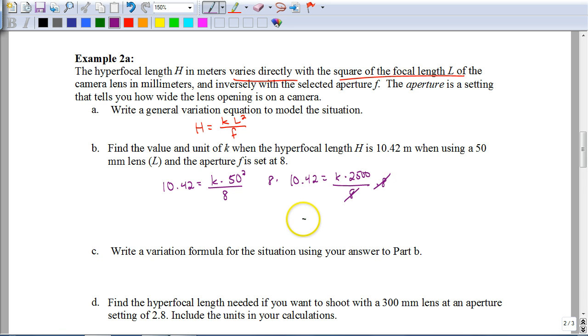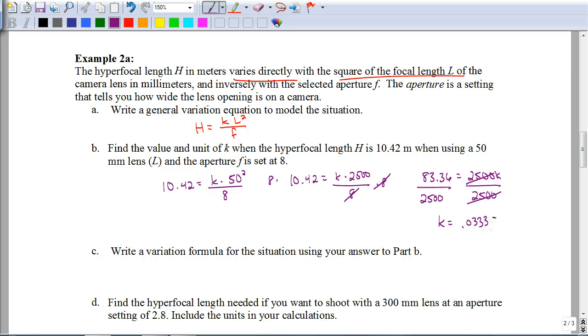That gives me 83.36. And next, divide both sides by 2,500 to get k by itself. So now I got a value of k, which is 0.033 repeating. Again, we won't round it. You can leave it like that.